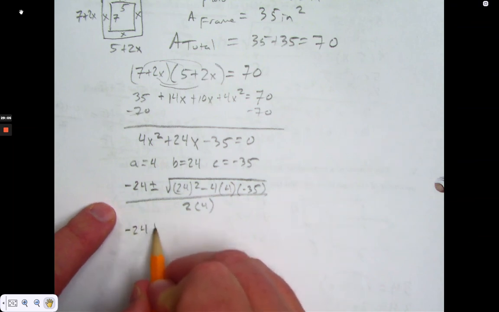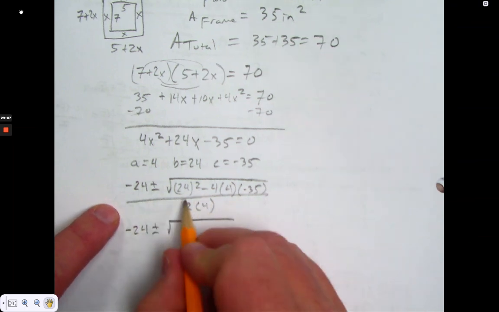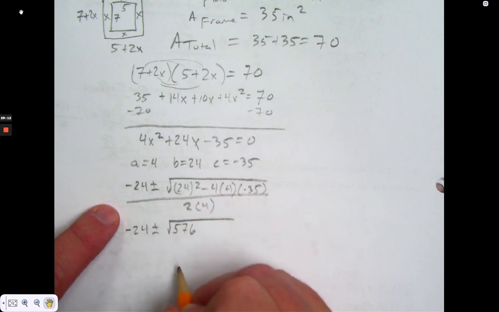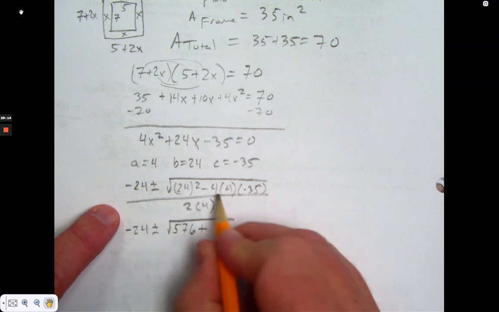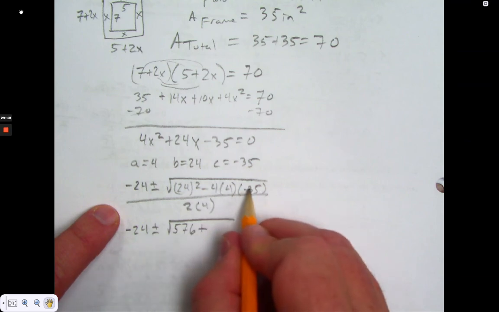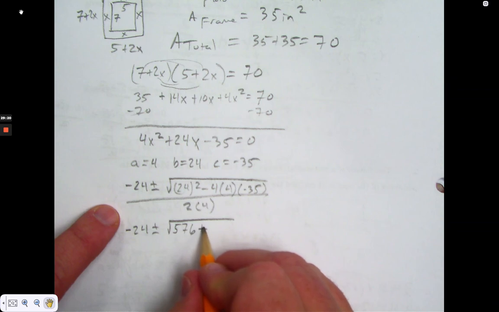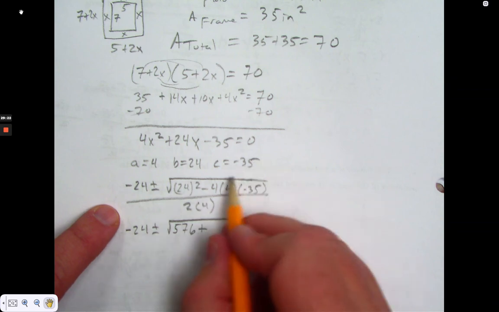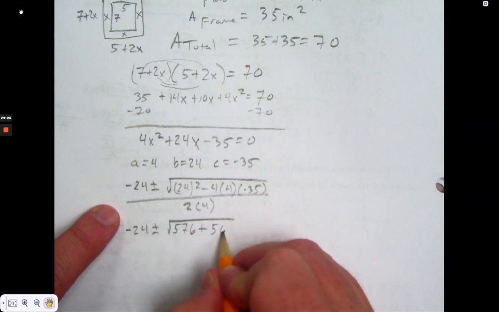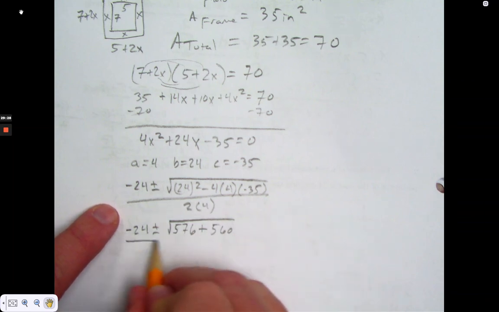So this is a negative 24 plus or minus the square root. 24 squared is 576. And then 4 times 4 is 16 times a negative 35, so negative and negative makes for positive, and 16 times 35 gives us 560.